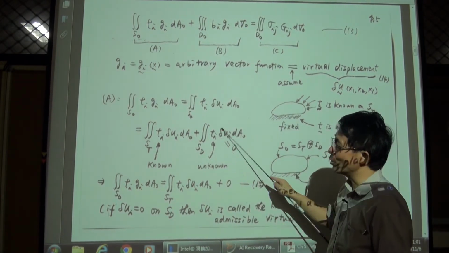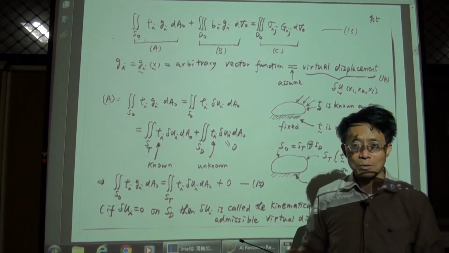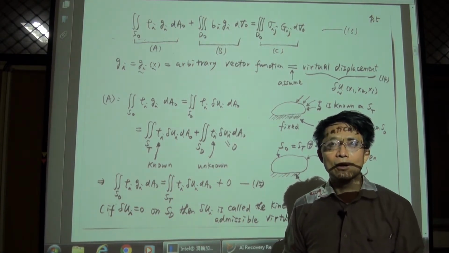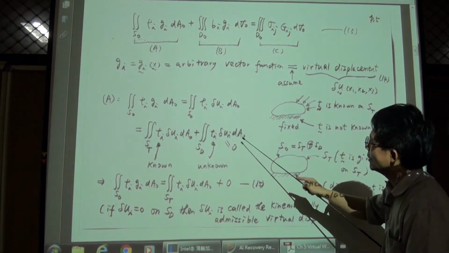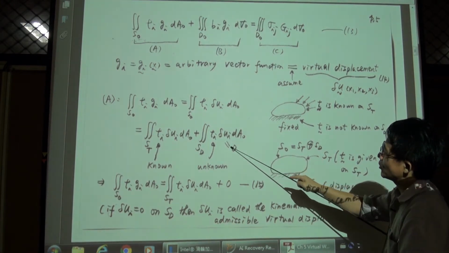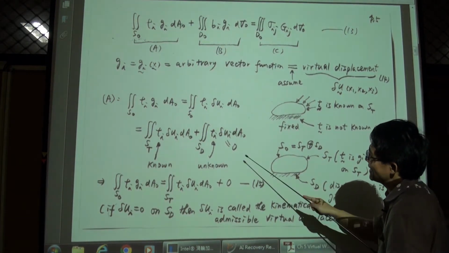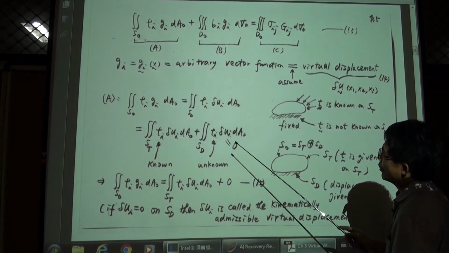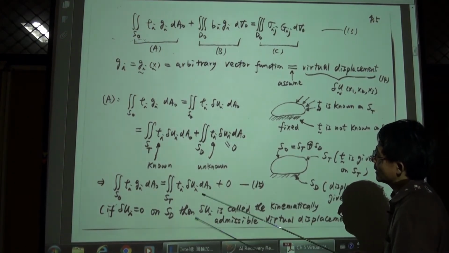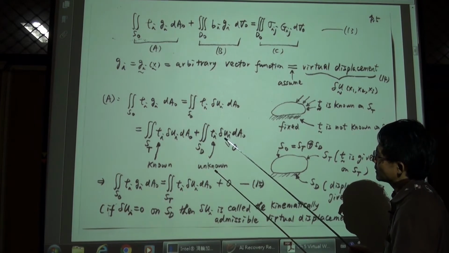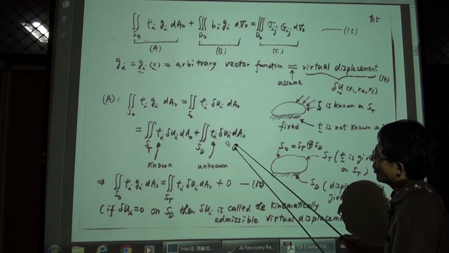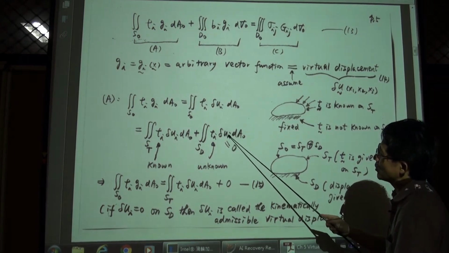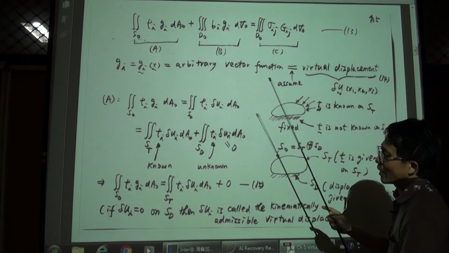We don't know the information about Ti, so we just don't calculate it. We omit it by choosing delta ui equal 0. This choice is made for the convenience of the calculation.